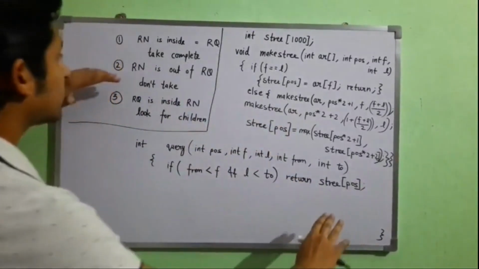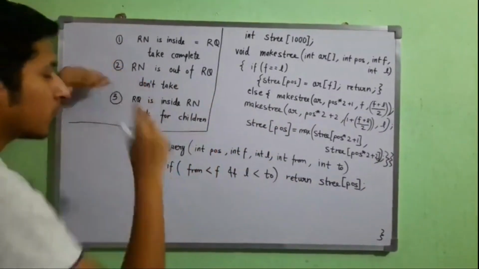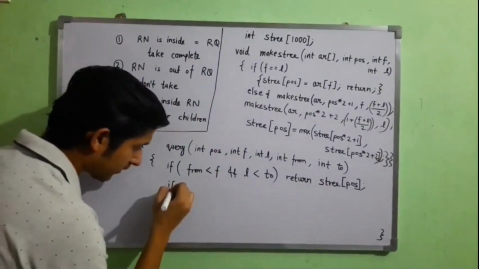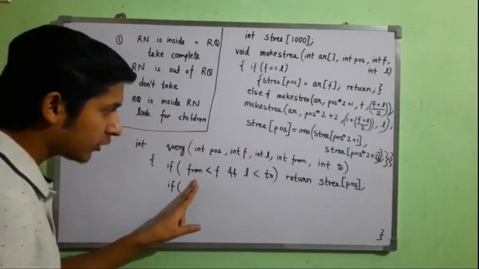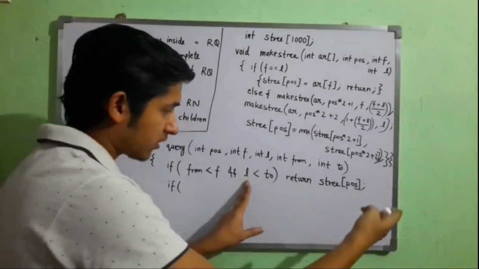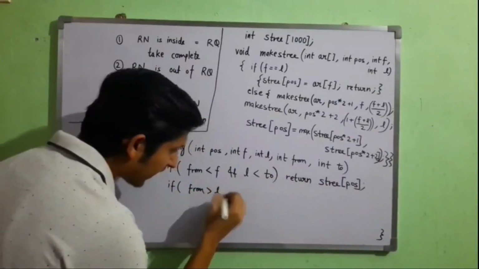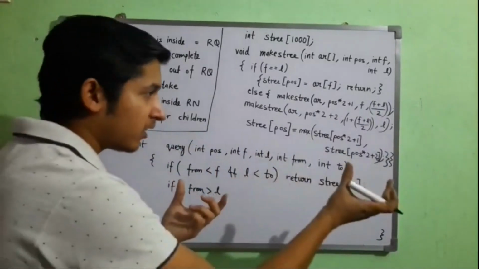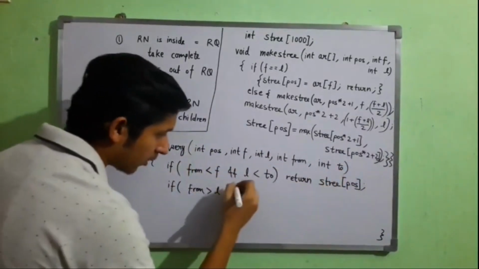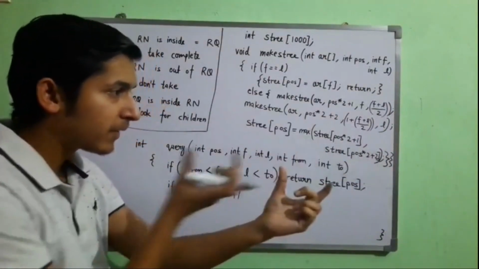Second case says that range of query is totally different from range of node. So if from is greater than the last, this means my range of query is ahead of range of node, or my range of query is before the range of node.